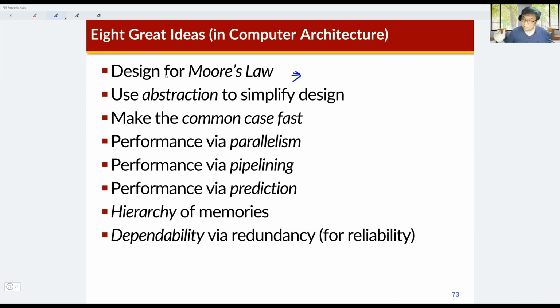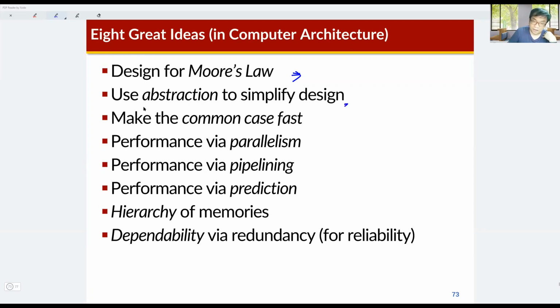Based on Moore's law, we set the goal of the advance in semiconductor technology, and then we develop the CPU or processor technology. So design for Moore's law, and then use abstraction to simplify design.